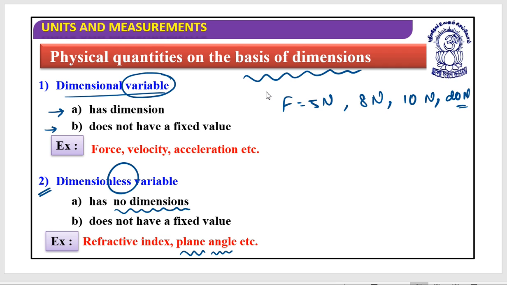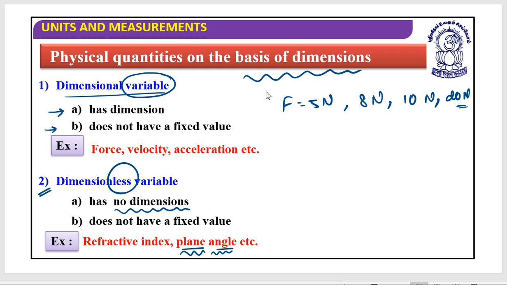Two quantities would be there: one would be the plane angle, another would be the solid angle. So plane angle and solid angle are the dimensionless variables. These are quantities which have units but not dimensions.